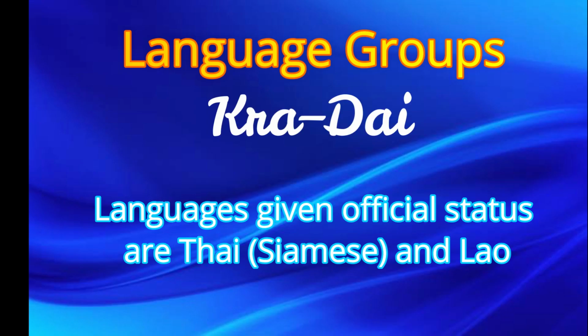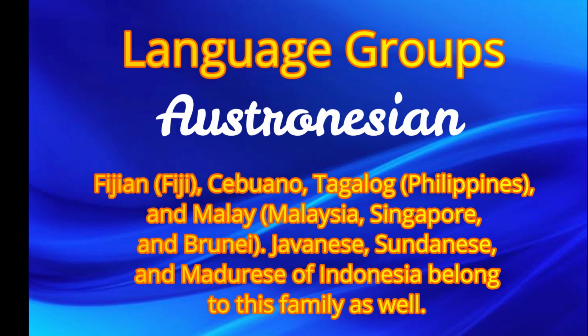Kradai, languages given official status are Thai and Lao. Austronesian, Fijian, Cebuano, Tagalog in Philippines, and Malay in Malaysia, Singapore, and Brunei. Javanese, Sundanese, and Madurese of Indonesia belong to this family as well.